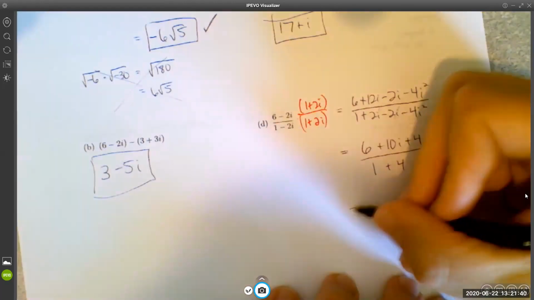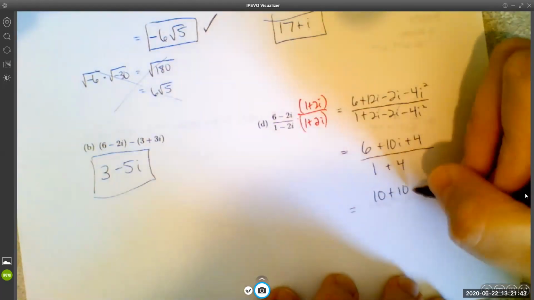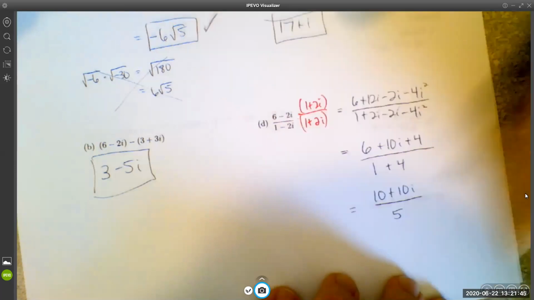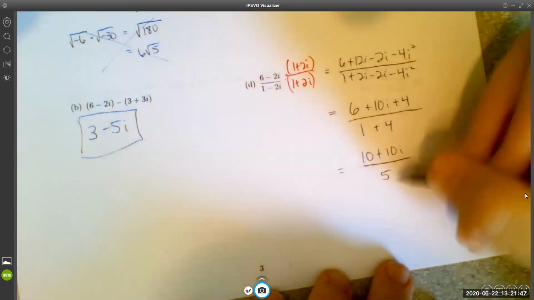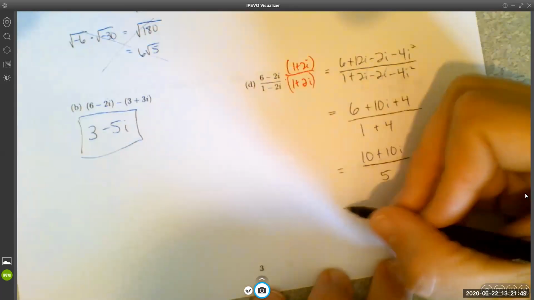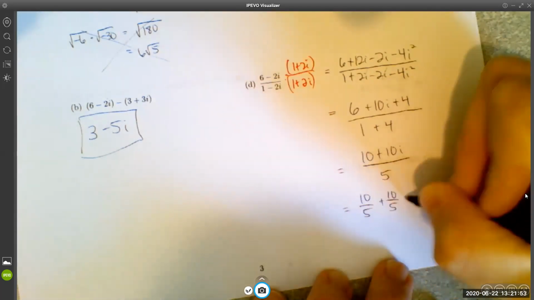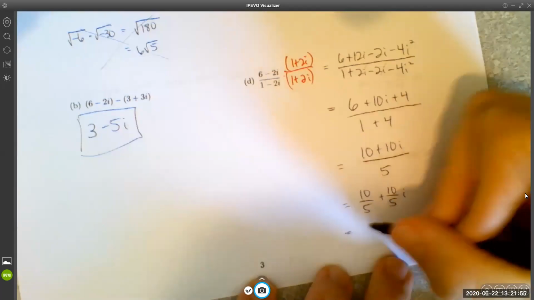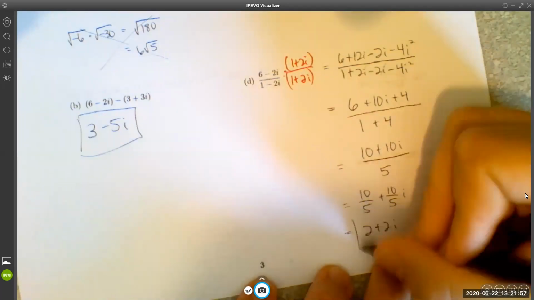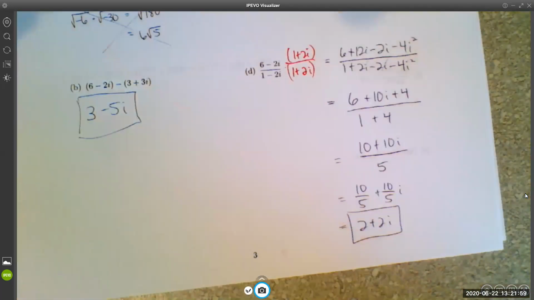So we're left with 10 plus 10i divided by 5, and that'll reduce, right? If you like, you can rewrite it like this, and then you see that each fraction reduces to 2. This is 2 plus 2i. Okay, so that's how division works with complex numbers, right? Really, it's the same as addition, subtraction, multiplication, and division of radicals.